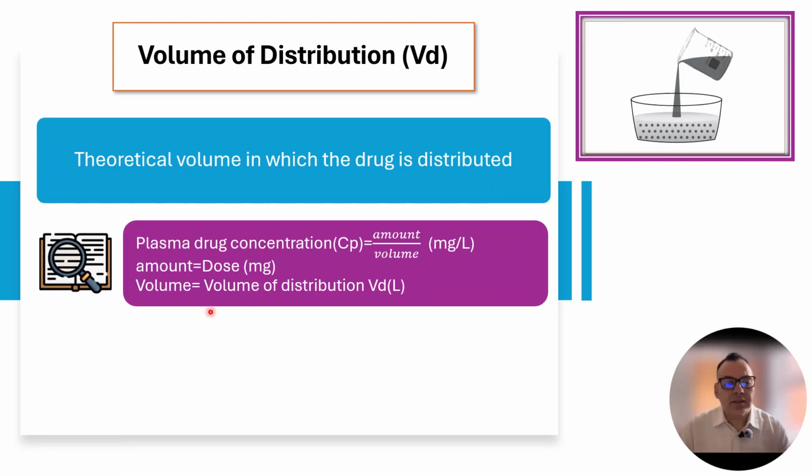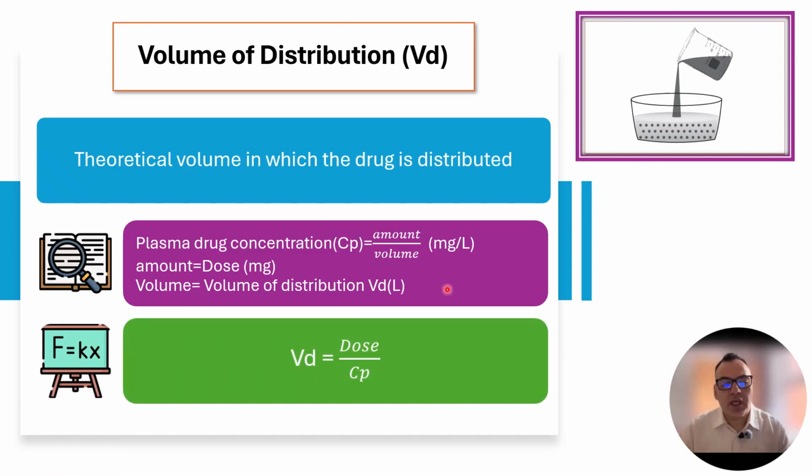As a definition or calculation, the plasma drug concentration, Cp, equals the amount per volume. We know any concentration is like milligram per liter. So Cp, the drug concentration, equals the amount per volume. The amount here is the dose, and the volume will be the volume of distribution.